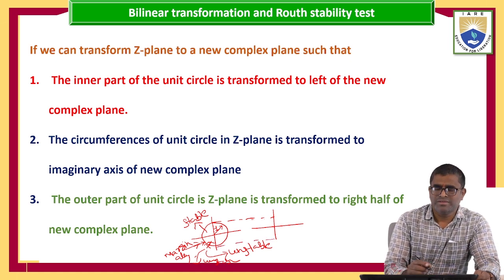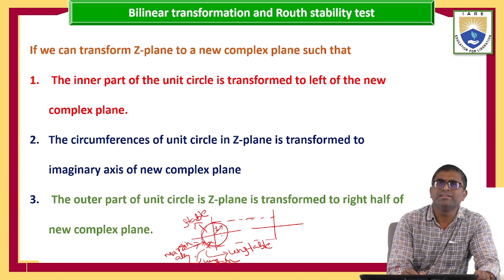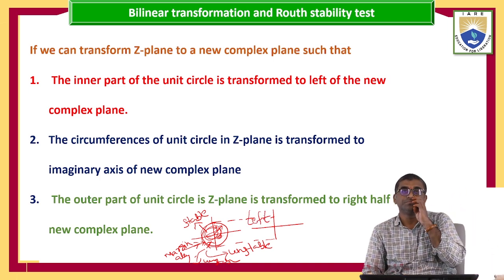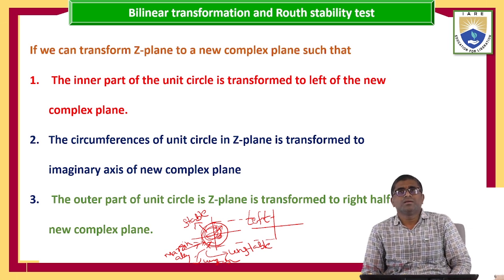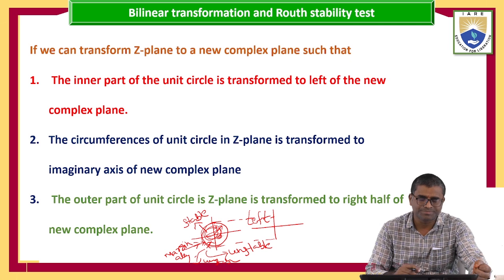That is, inside the unit circle, I am taking as the left half of the S-plane. That is your first point. The inner part of the unit circle is transferred to the left half of the S complex plane.